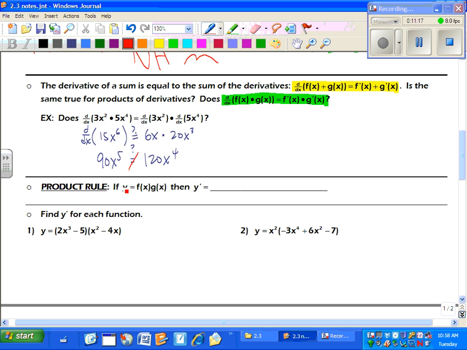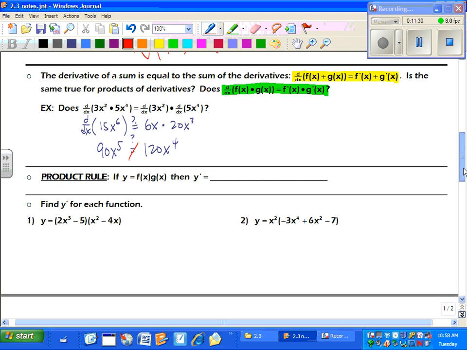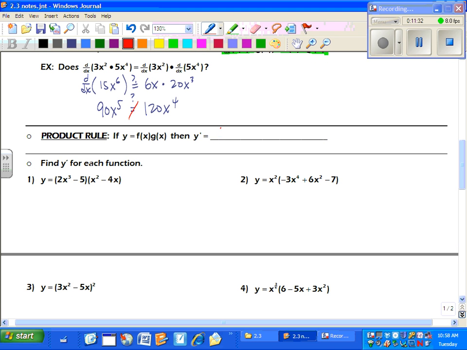It's not as simple as the adding and subtracting derivatives. For this, the product rule, it's a little bit different. When we multiply two functions and then we're taking the derivative of that, it looks like this. We're going to have the derivative of the first function times the regular second function plus the first function times the derivative of the second function.